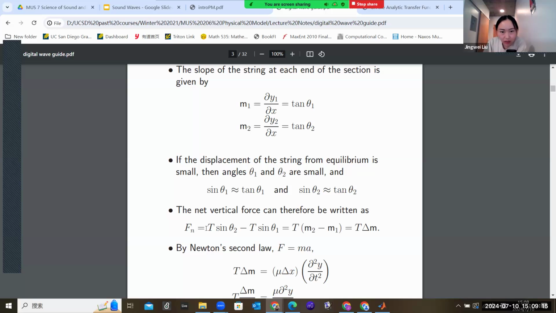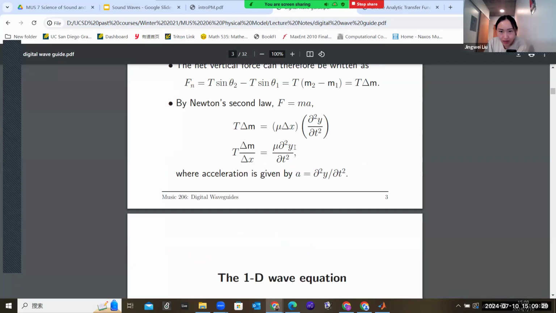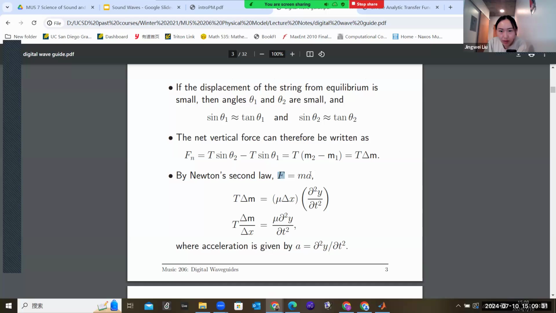So when you use the tangent to replace sine, you get this kind of form, because tangent is the first derivative of y over x. And then you use F equals ma. So this is the acceleration, and m is the mass.